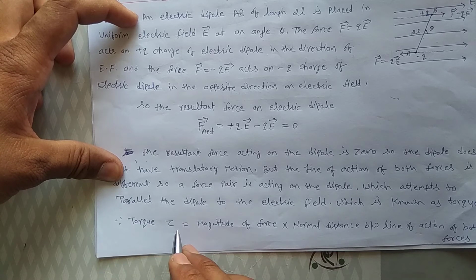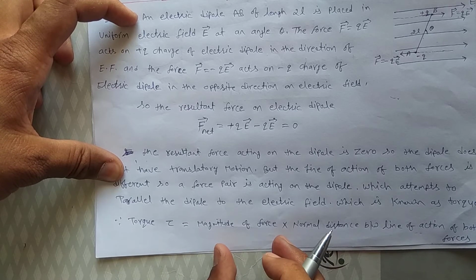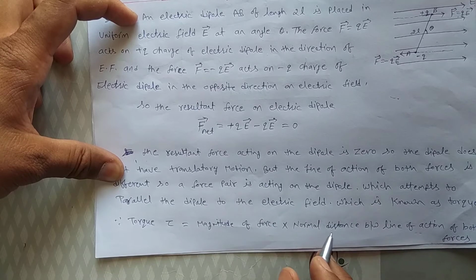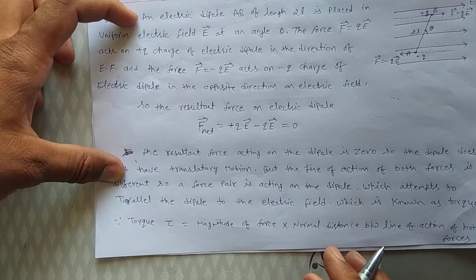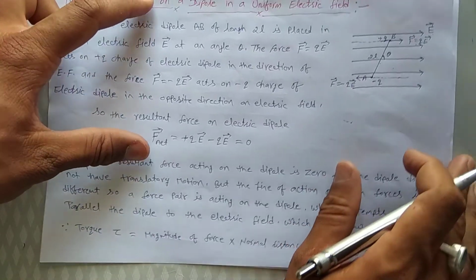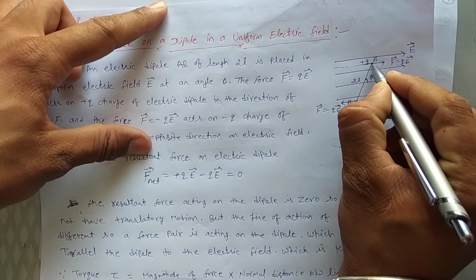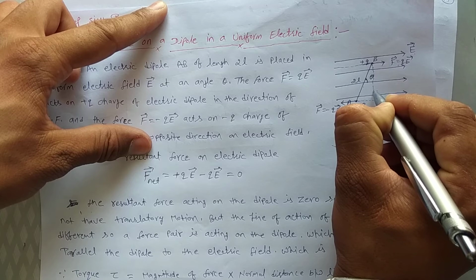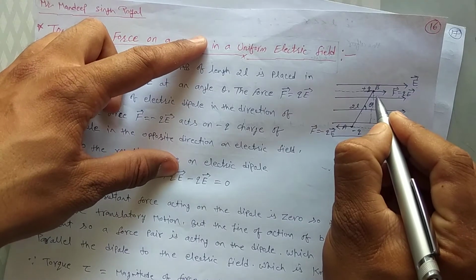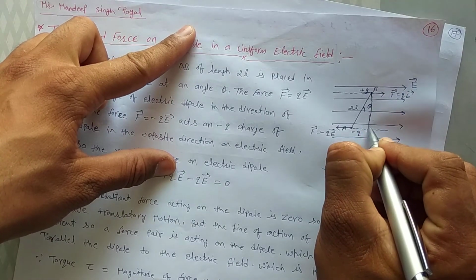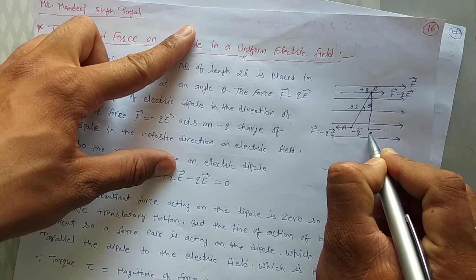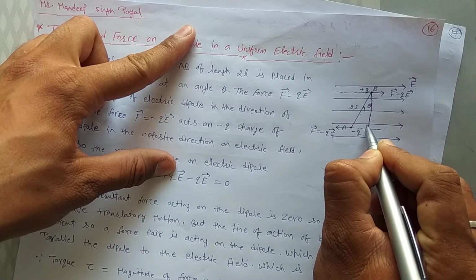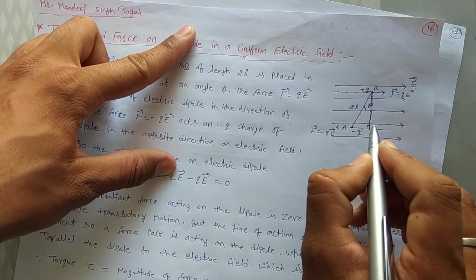Tau is equal to the product of the magnitude of force and the normal distance between the lines of action of both forces. It means this perpendicular distance between the lines of action of both forces. Let us suppose this point is C and this angle is 90 degrees.